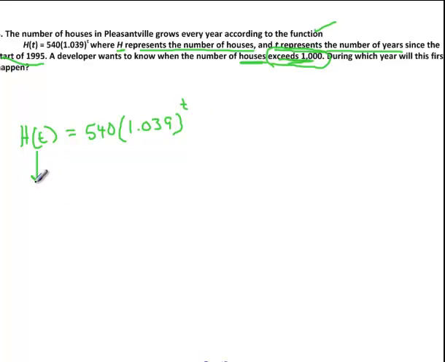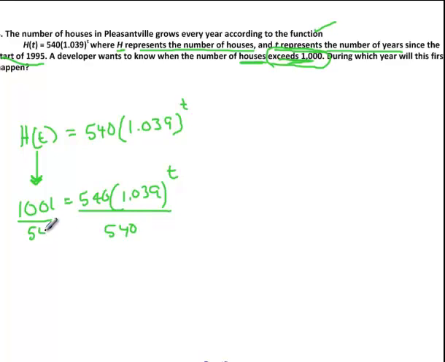This is my houses. Exceeding 1,000 would mean I'd have 1,001 houses. And I'm trying to figure out t. Alright, so I'm going to divide by 540. And I'm not going to divide that out.